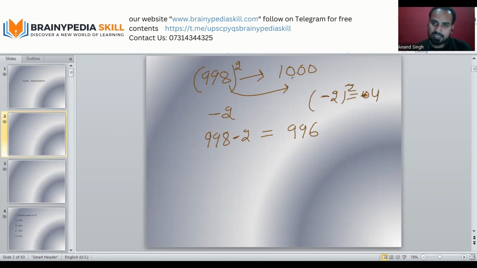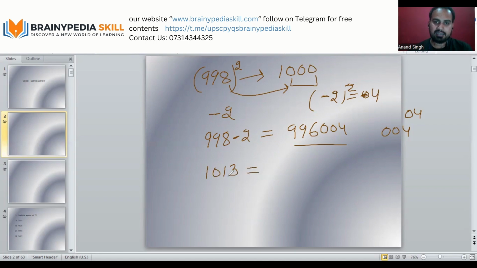Now, as you can see, the base has a three-digit number, so rather than writing 4 as it is or writing 04, we have to write 004. So the square of 998 is going to be 996004.